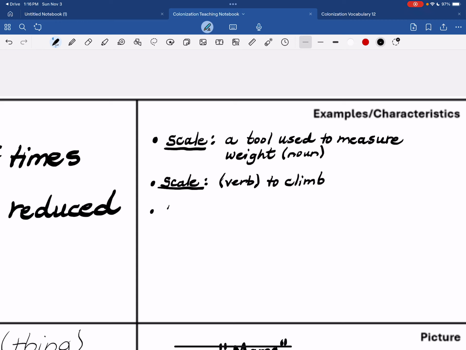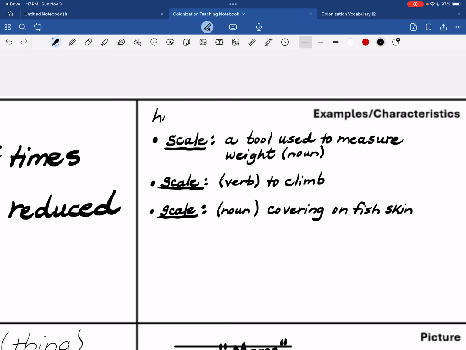I can think of another way to use the word scale. Same spelling. This one is also a noun. It's a covering on fish skin. If you hold a fish in your hand that you've just pulled out of the water, you can see that it has scales on its skin. Those are 3 ways to use the word scale, in addition to the one that we're looking at.